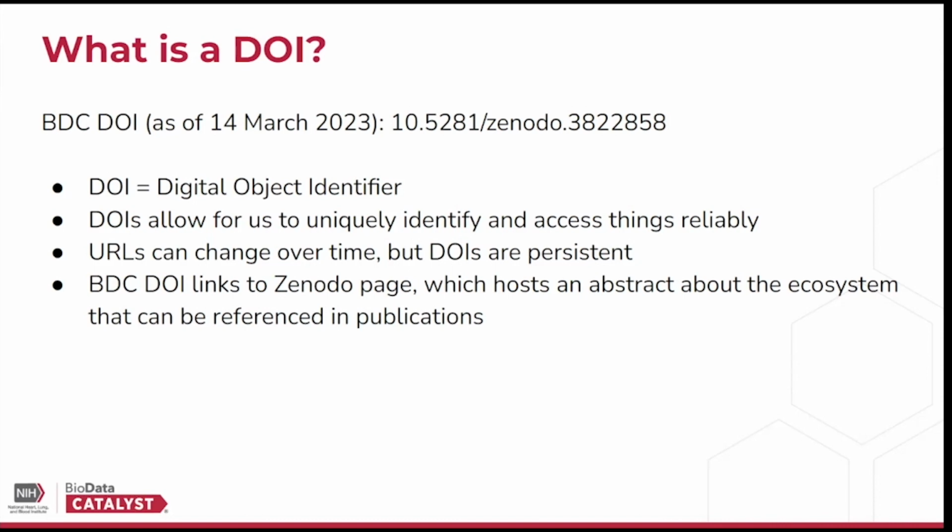If you click on the link that was listed in the citation, it will take you to a Zenodo page that basically hosts an abstract that was written about the BDC ecosystem. So if you add this citation and this DOI as a reference in your publication, people that are curious can click the link and learn more about the BDC ecosystem through that abstract.